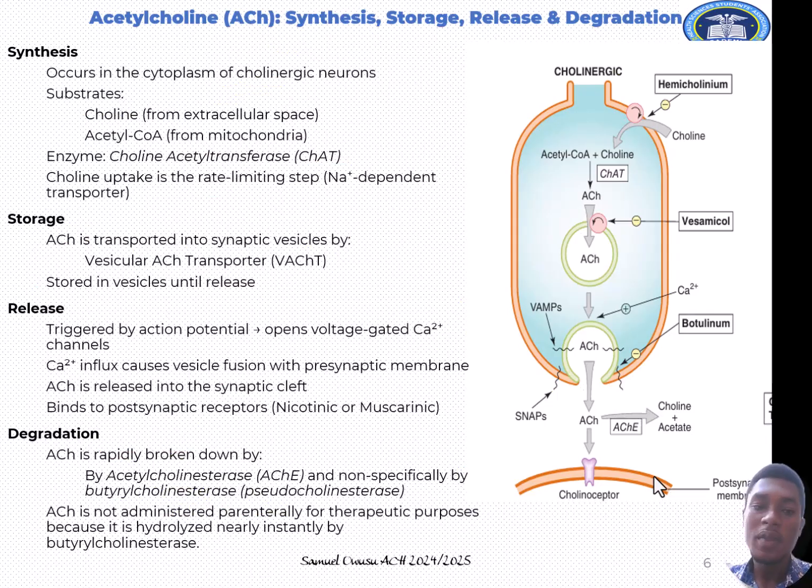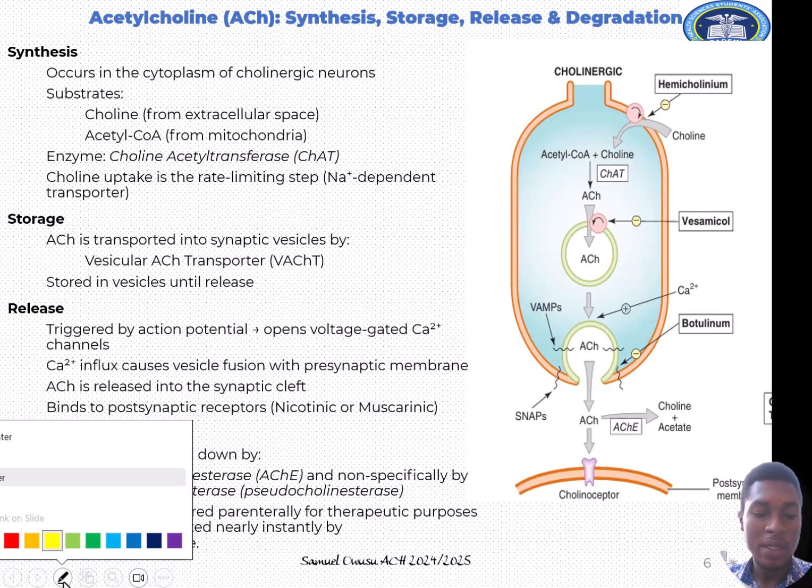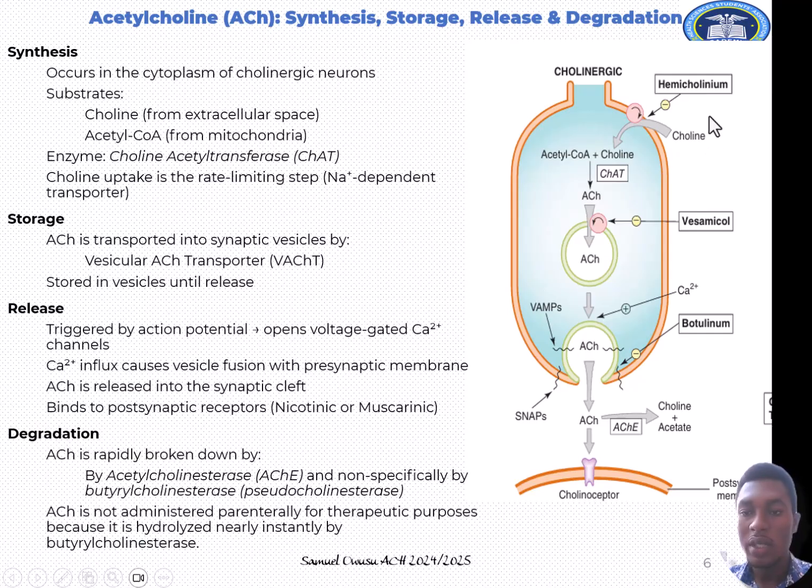Now let's look at the synthesis of acetylcholine. Acetylcholine synthesis occurs in the cytoplasm. During the process, choline, which is found in the extracellular space, will move from the extracellular space into the cytoplasm.